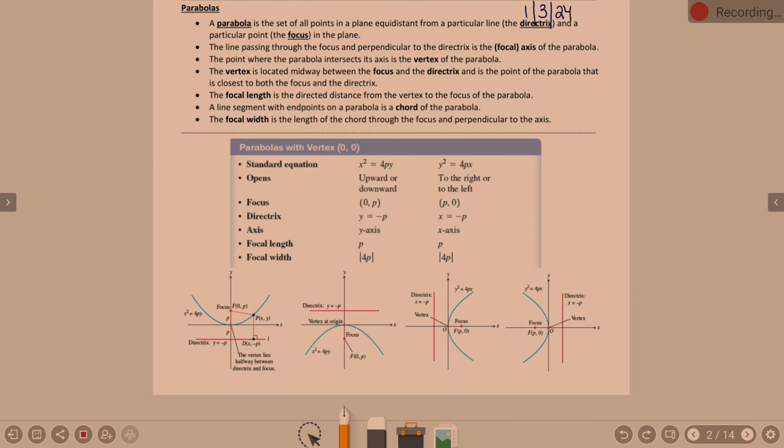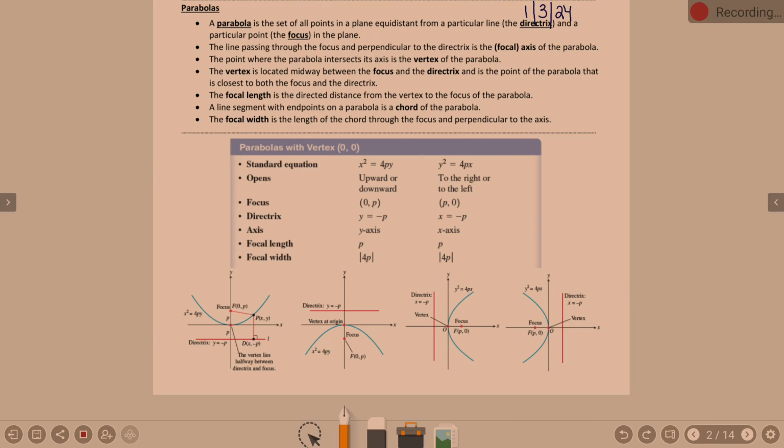So if you look down here at these four examples of parabolas, the parabola being drawn in blue on my screen is equidistant from the line which is the directrix. The directrix is this red line that is outside of the parabola. Each of these parabolas has a line that is outside of it.